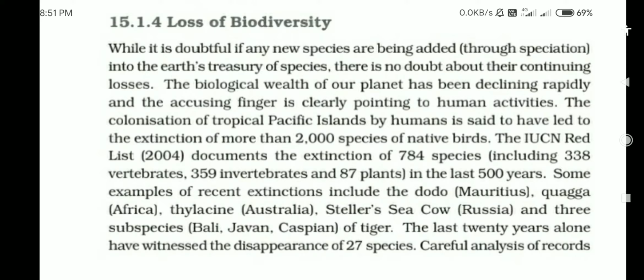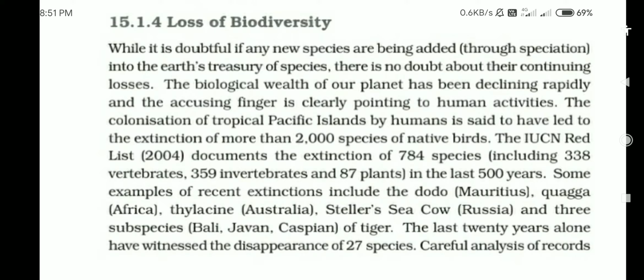In our book, the number of species is given, such as more than 2000 species of native birds are extinct. According to the IUCN, which stands for International Union for Conservation of Nature and Natural Resources, the Red List is what?